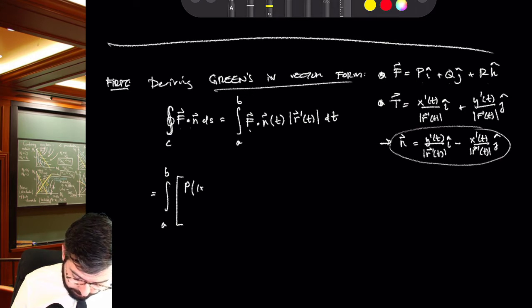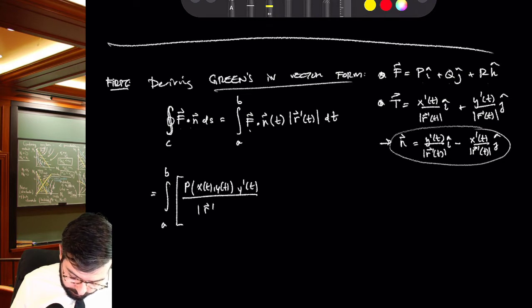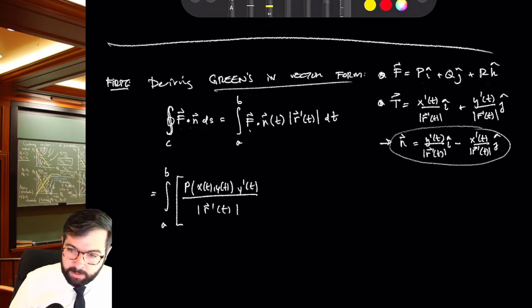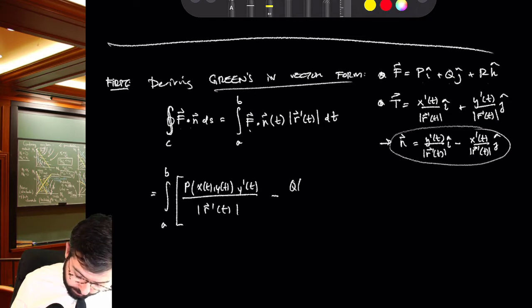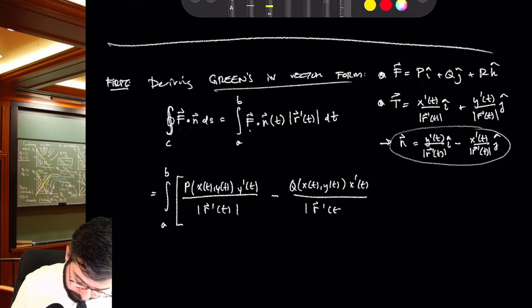P, where the components are x of t, y of t, times y prime of t, all over the magnitude of the tangent vector, minus q of x of y, x of t, or x prime of t, all over the magnitude of r prime.